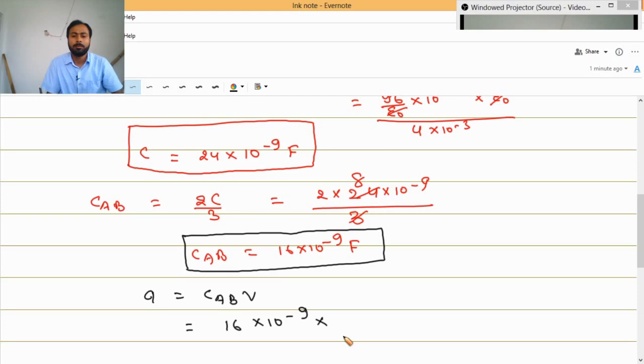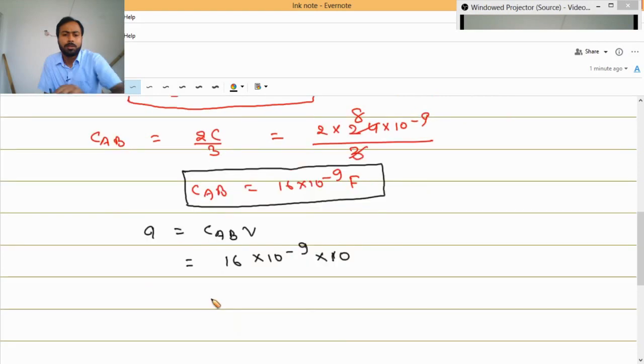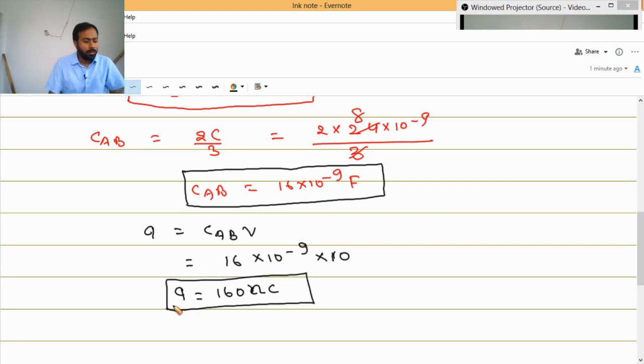So it will be 160 nanocoulomb. So 160 nanocoulomb is going to be the amount of charge supplied by the battery. So this should be the answer for 33.